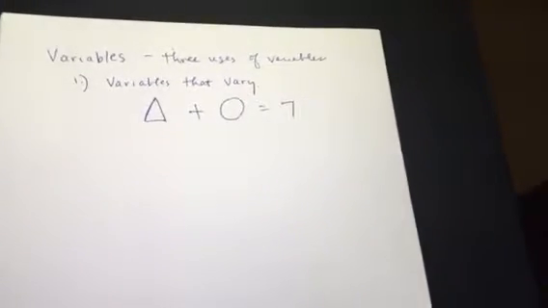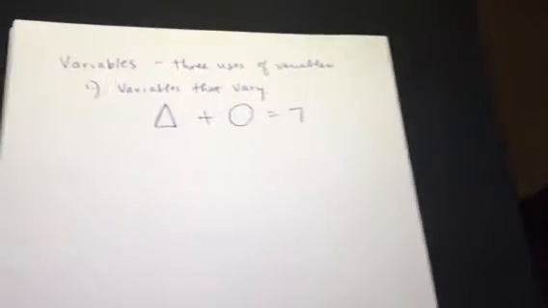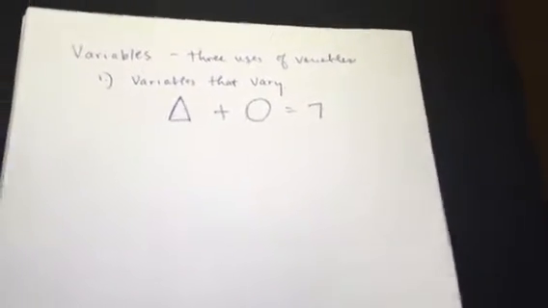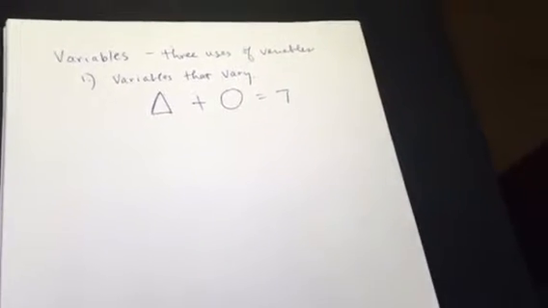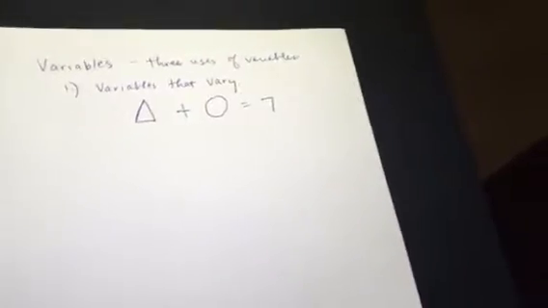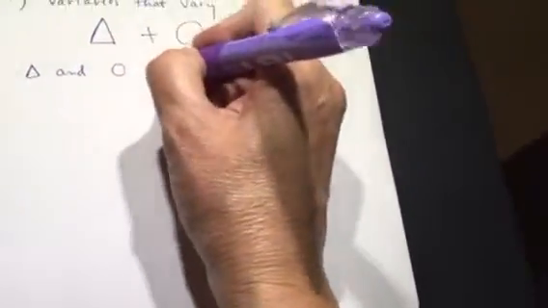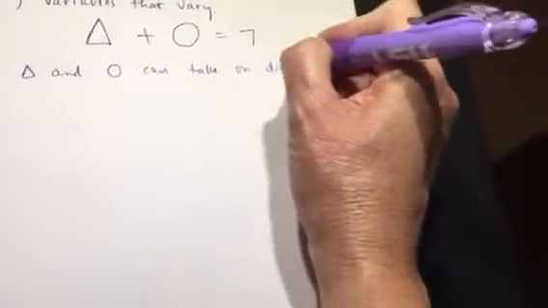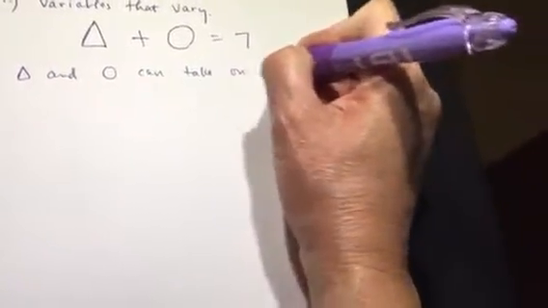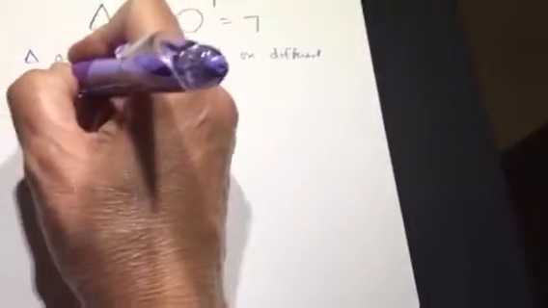So the 2 placeholders there, in fact, I'm not sure placeholder is the right word for that, but the 2 symbols could take on different values. Triangle and circle can take on different values.